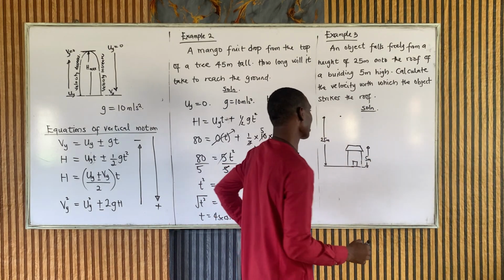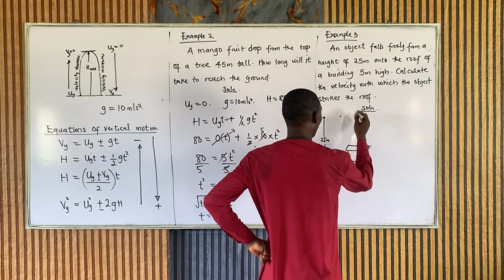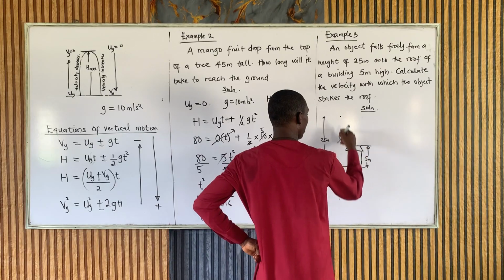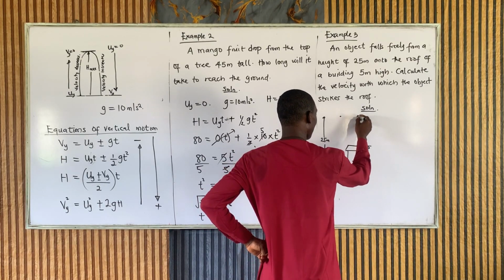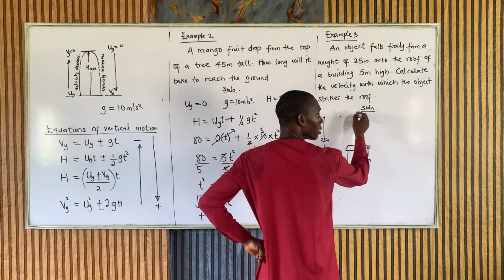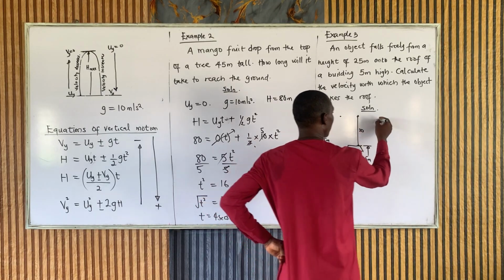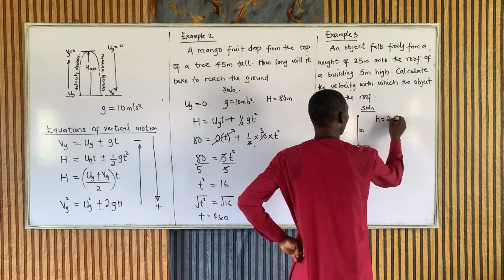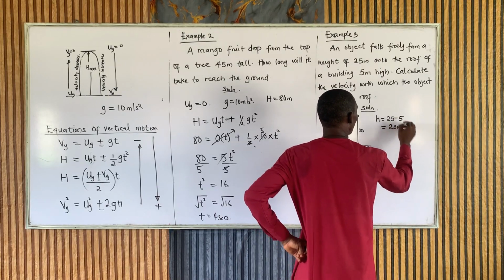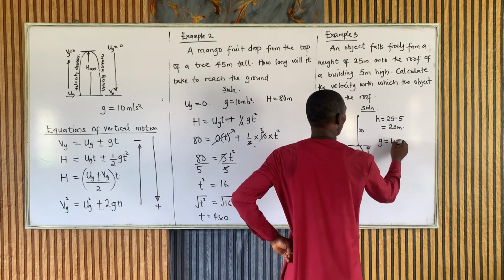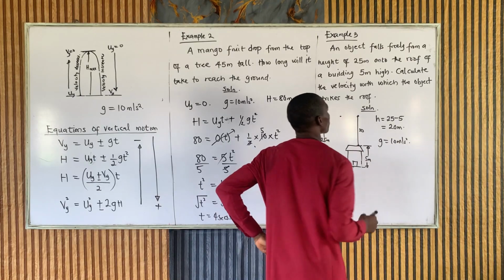So you need to understand that it must have covered the vertical distance of 20 meters, which is 25 minus 5. It falls from here down to the roof of this building. That's 20 meters. Again, our g is constant, 10 meters per second squared.